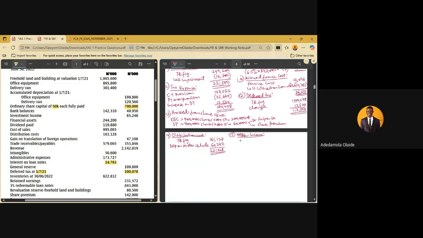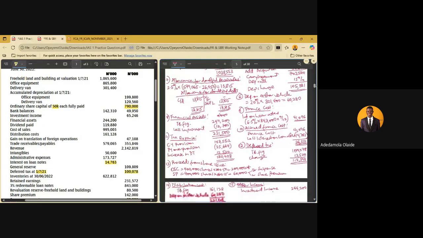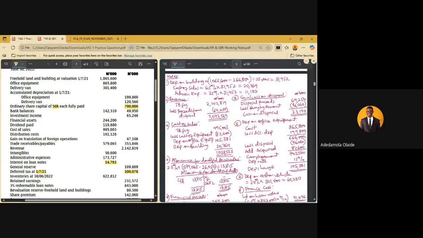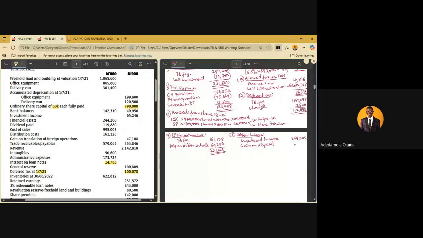We have investment income, then gain on disposal. Remember, we had a gain on disposal in our workings. And how much is the gain on disposal? 23,190. So that will give us a total of how much?